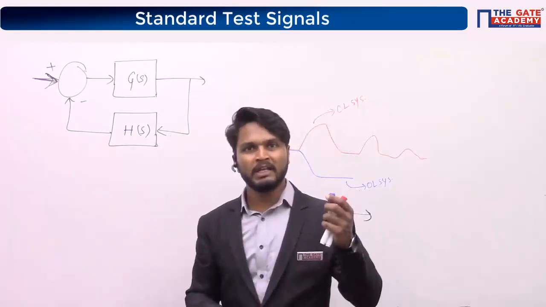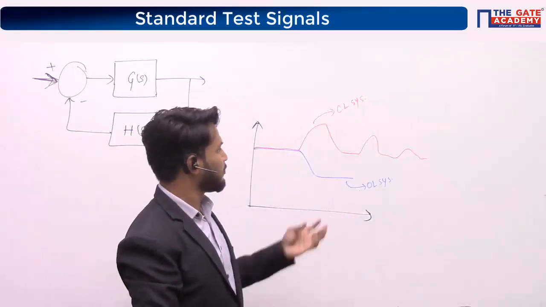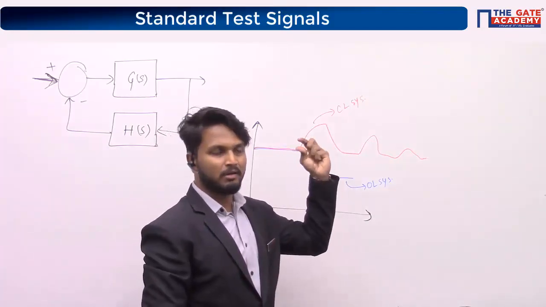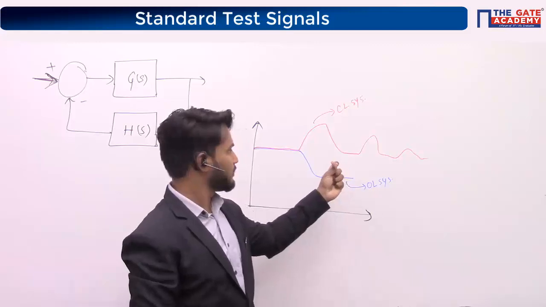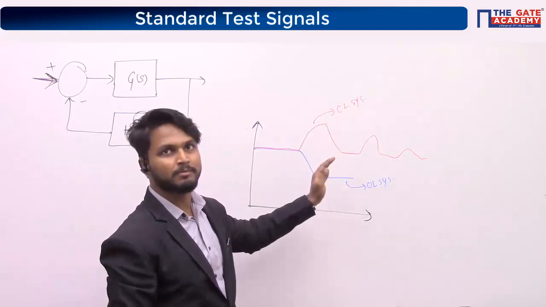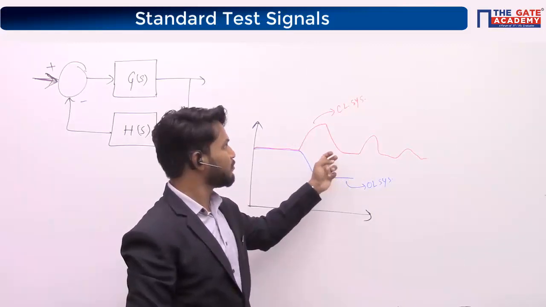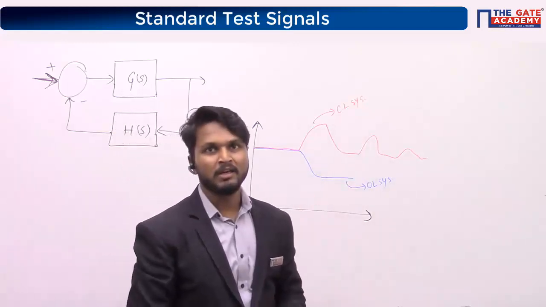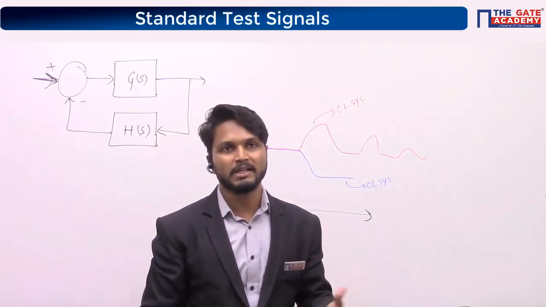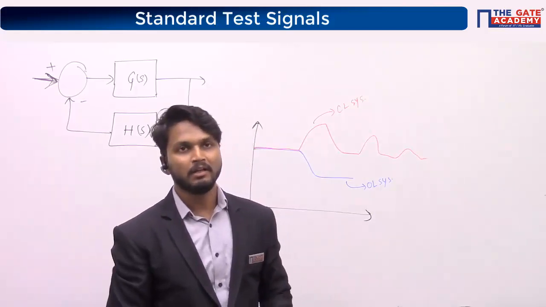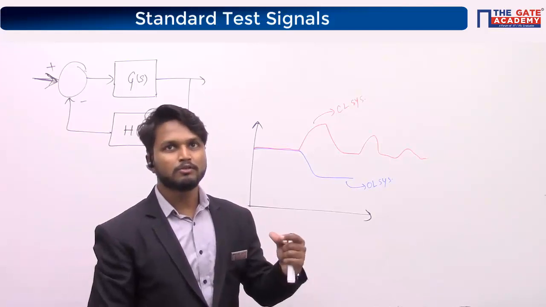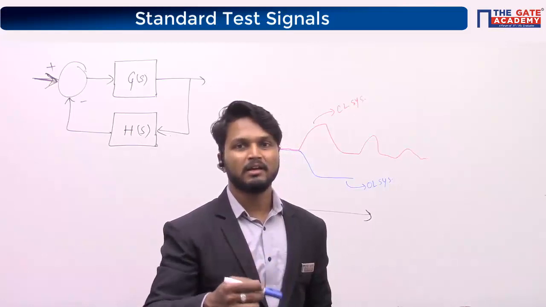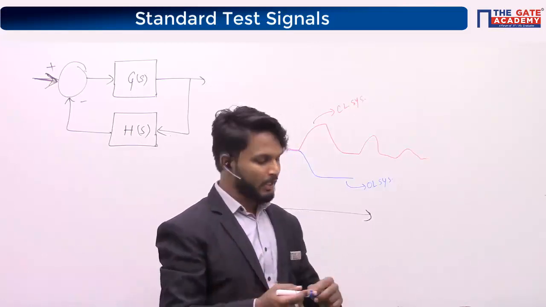Because of the number of disturbances, the response of the closed loop system is disturbed more than that of the open loop system, and hence we say closed loop systems are more unstable as compared to open loop systems, right? There are more chances of getting unstable systems from closed loop systems.